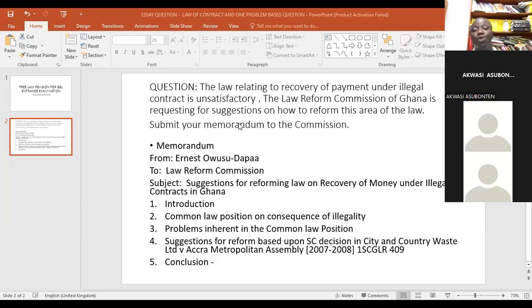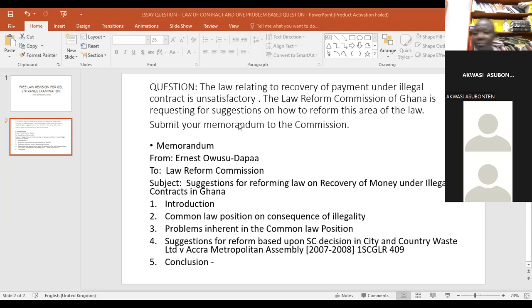So here you have at least made effort to explain to your examiner your understanding of what an illegal contract is. You are now going to proceed with the proper discussion of point 2.